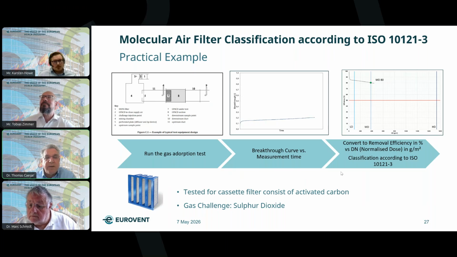You run the gas test applying a certain concentration of gas given in the standard for a certain period of time, and you measure the breakthrough curve as Tobias has already shown. Then you use the breakthrough curve to classify the filter in its efficiency for removing the specified gas, and also to define whether it's medium duty, high duty, low duty, and so on. Next slide, please.